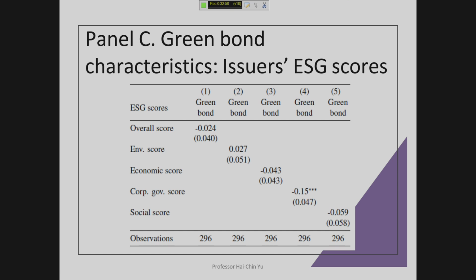Maybe researchers can do more to examine the reason for this negative sign. Because the green bonds have a better environmental score, which is positive but not significant. But their worsening corporate governance score is significant. And their social is negative too.